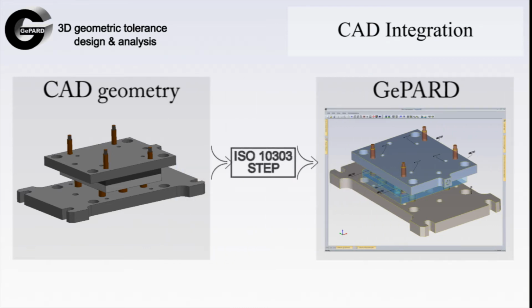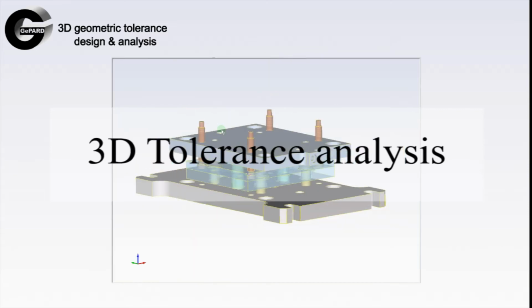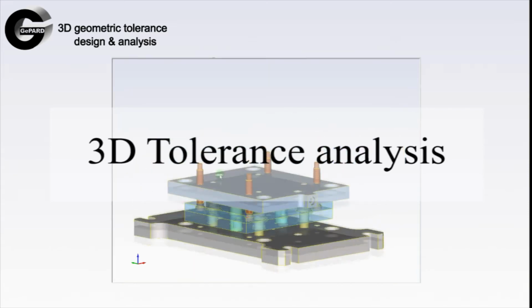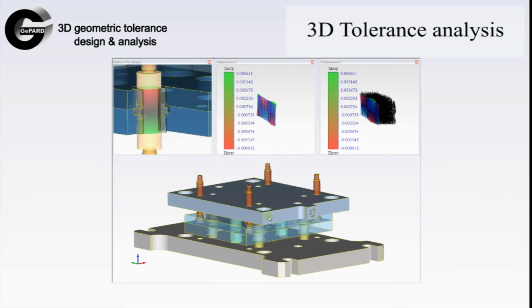After importing the assembly from any third-party CAD system into Gepard, it is possible to assign all necessary tolerances. Gepard enables us to evaluate assemblability to identify some crucial assembly features influencing directly the product functionality and to optimize the tolerance allocation.